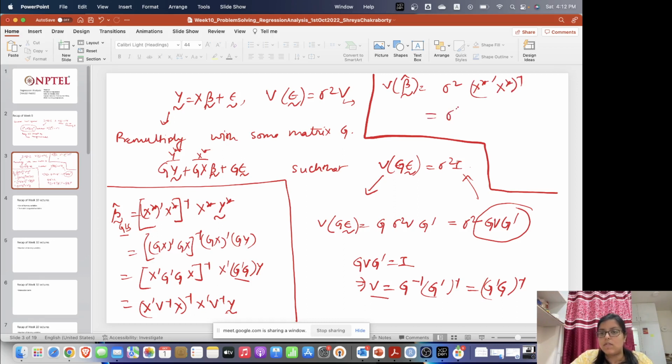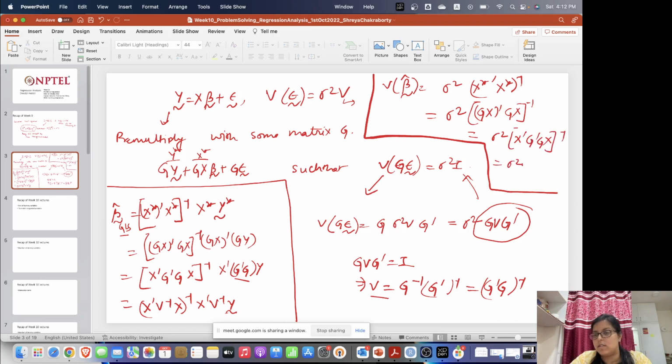Just substituting, X star is GX, so we would have sigma square X transpose G transpose GX whole thing inverse.